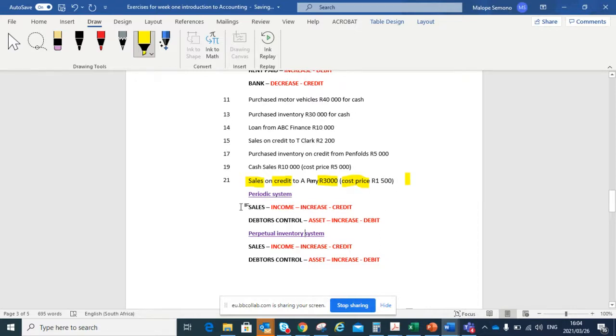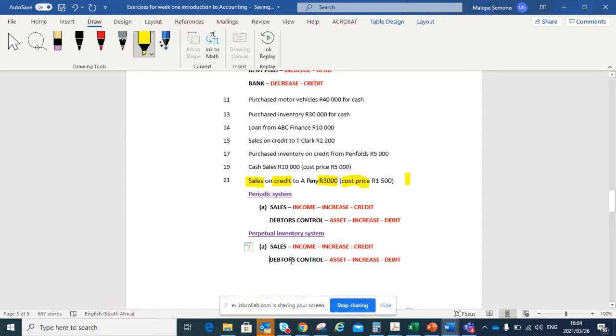So it means, for example, under periodic here, you only have the A part. Can you see now? I'm just trying to show you something. So you're going to have the A part. Under perpetual, you are going to have the A part. Can you see? It's exactly the same as periodic.